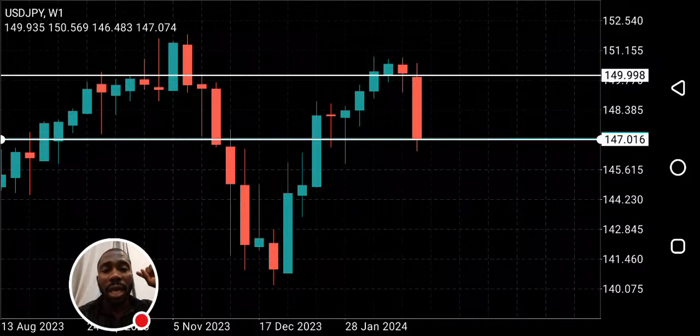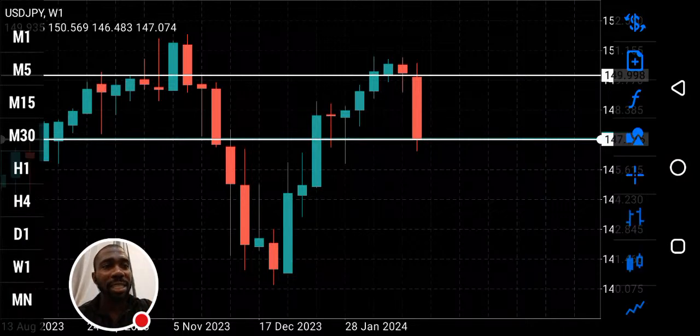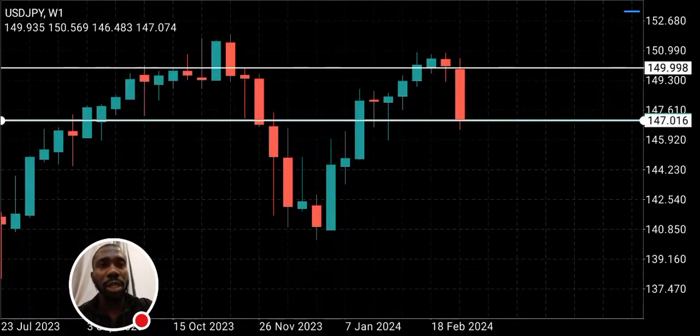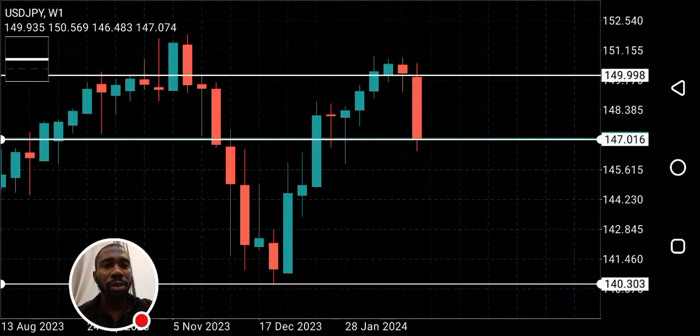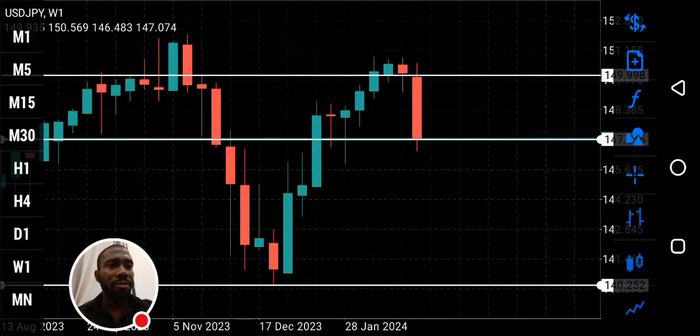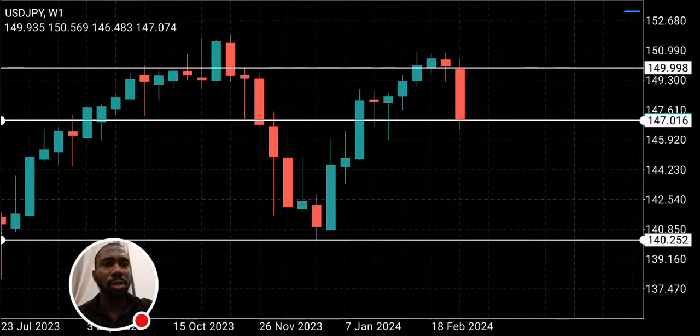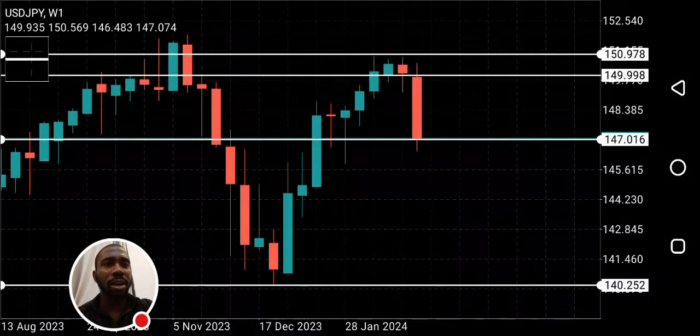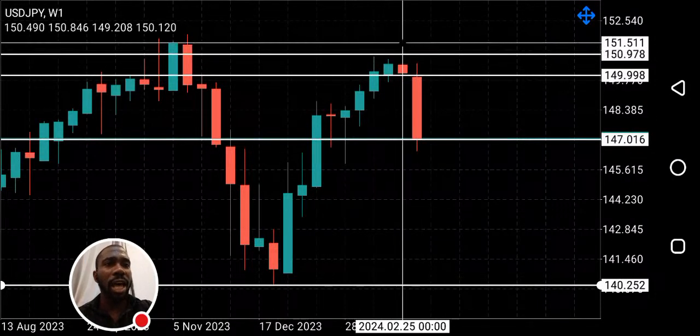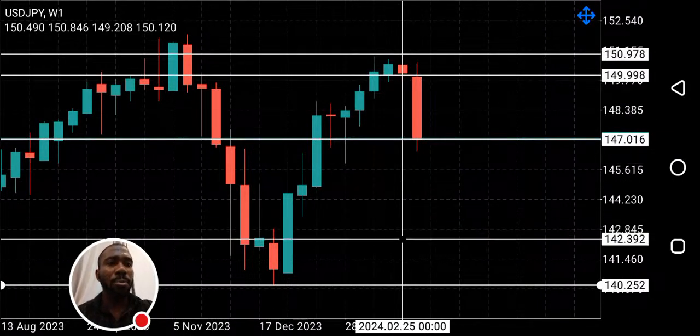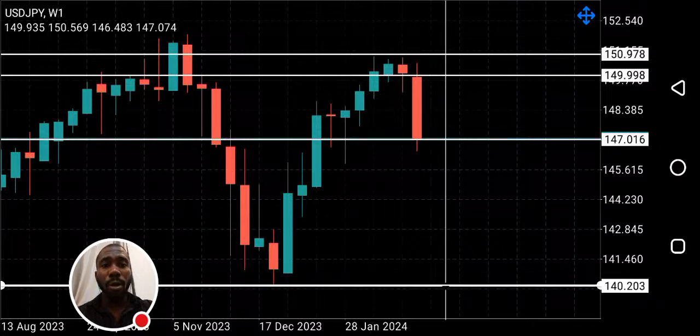Before we consider selling USD/JPY, I think it is likely going to drop to this area of liquidity, this low. Let's identify the areas of liquidity. We have this high. These are areas of liquidity. It is likely price will pull back to clear liquidity at this previous high, or aim for sell side liquidity.